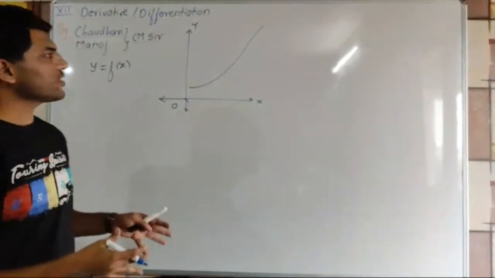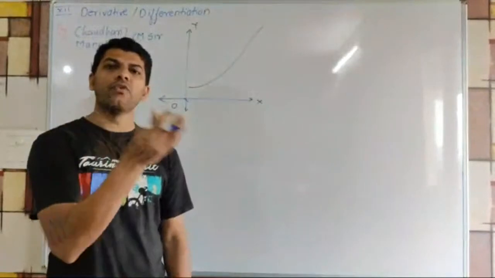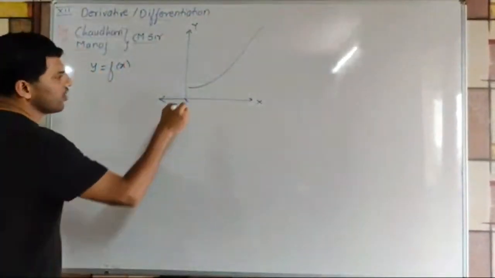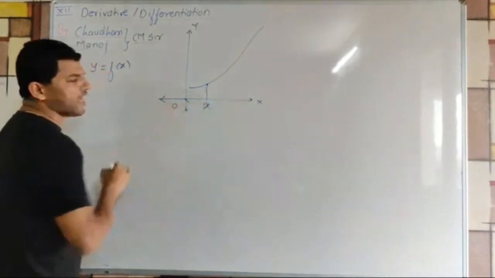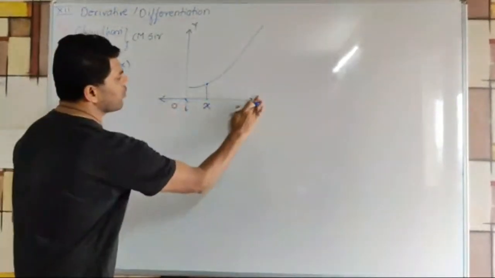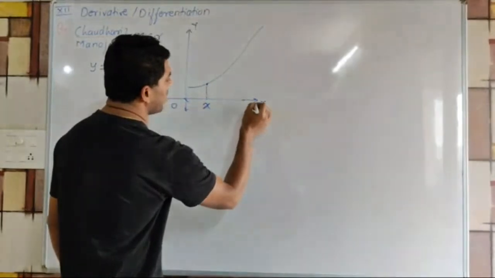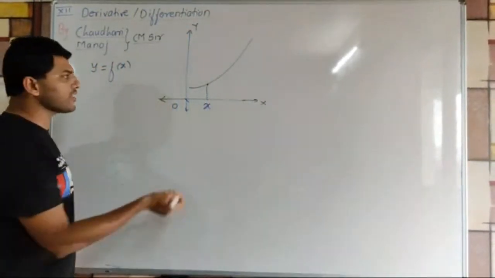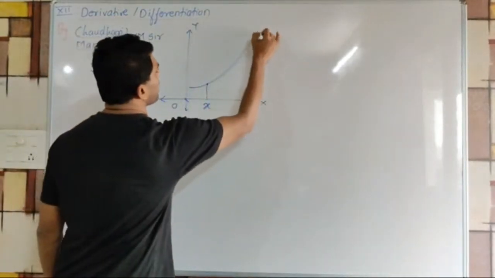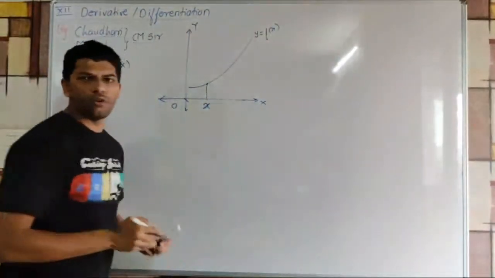To understand what exactly the derivative is, let's take a few values on that graph. Let's say this first point on the graph indicates the x coordinate. I am plotting the x coordinates on the x-axis, and let's plot the y coordinate on the y-axis. So this is the graph which represents this function y equal to f of x.